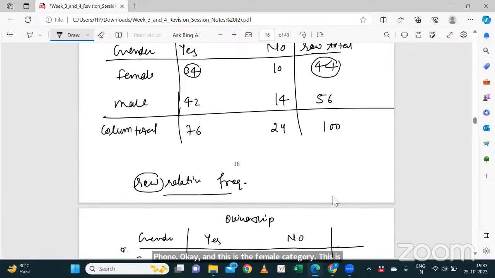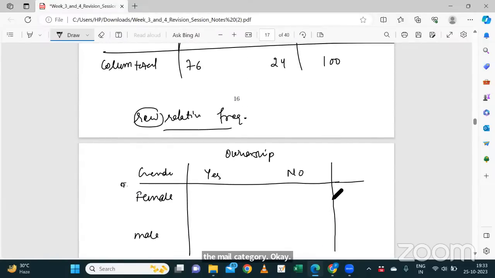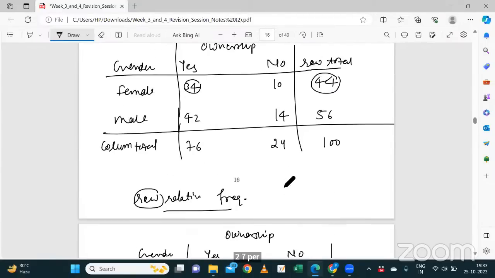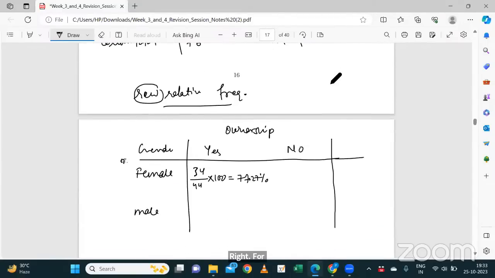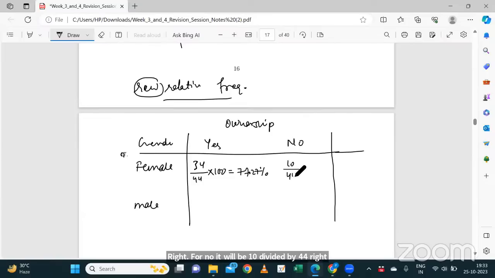So 34 divided by 44, let me convert into percentage also: 34 divided by 44 into 100 is 77.27%. For no, it will be 10 divided by 44 into 100, that means 22.73%.